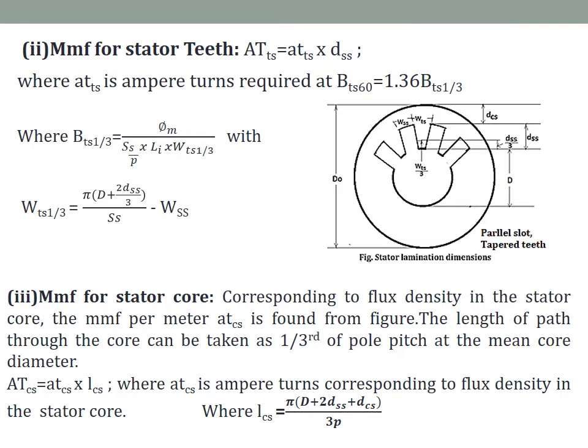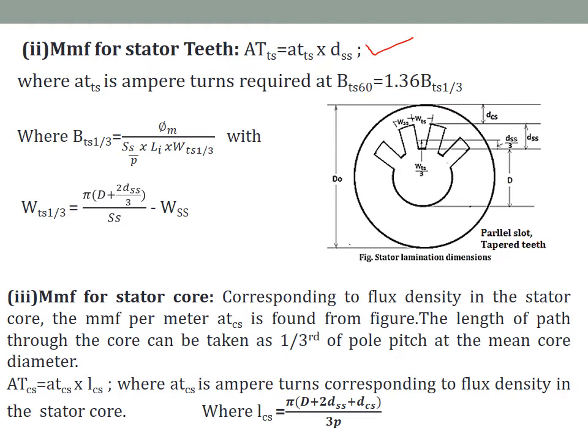Now coming to the next factor, the MMF required for the stator teeth. The MMF required for the stator teeth is capital ATts, equal to small ATts, the ampere turns per meter for the stator teeth, into ds. So what is the corresponding flux density? That is important.